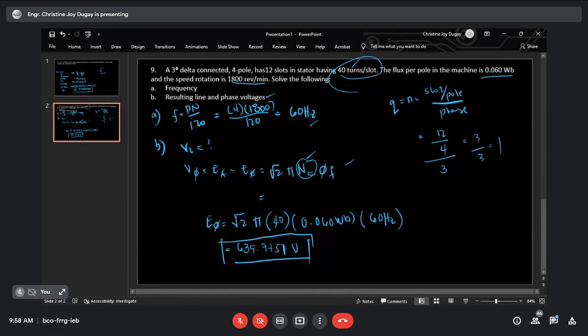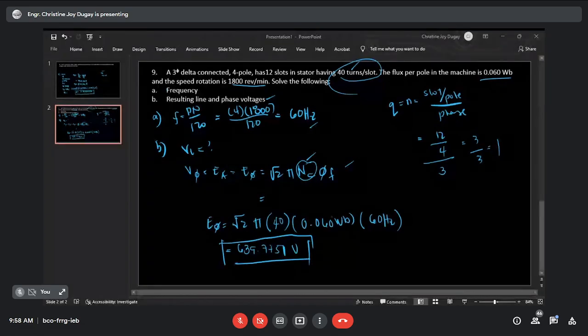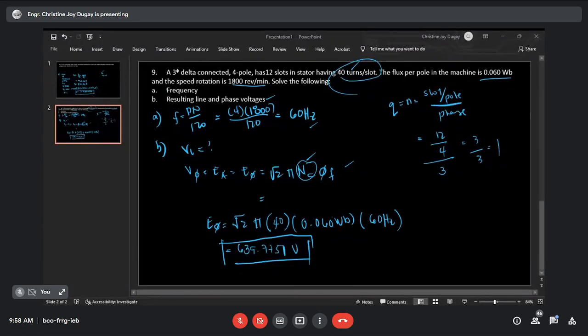If none, Mr. Miguel, if we have the E phase, what will now be the value of the line-to-line voltage? We have the value of E phase, which is 639.7751 volts. What is the value of our E line-to-line or V line-to-line? The line-to-line voltage is the same as the E phase. Perfect, it's equal. Why?